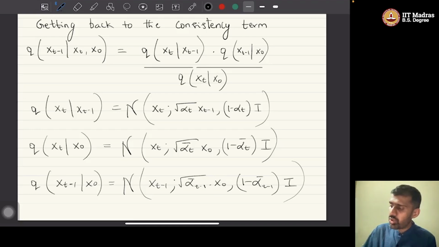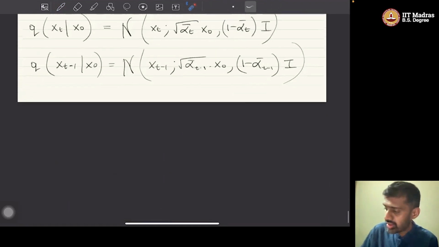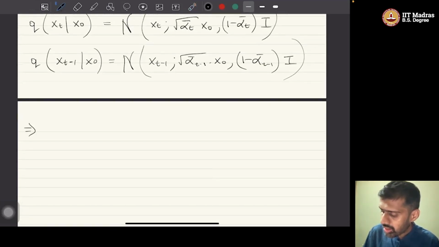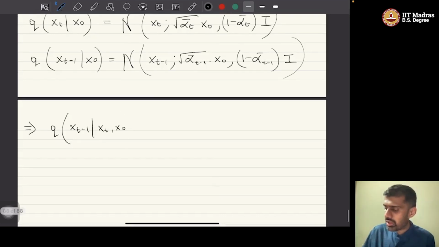Okay, so now we have everything that we want to get this distribution. So let us write that down. So therefore, this implies that q of xt minus 1 given xt and x naught will take this particular form.